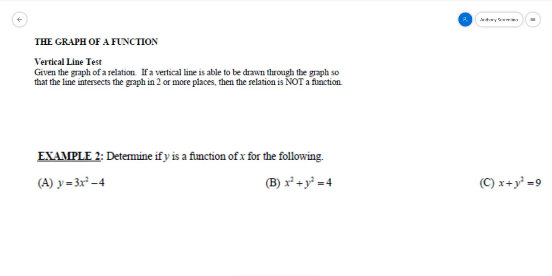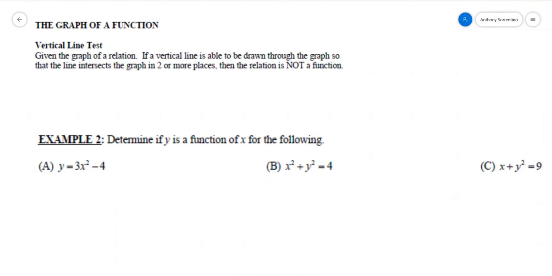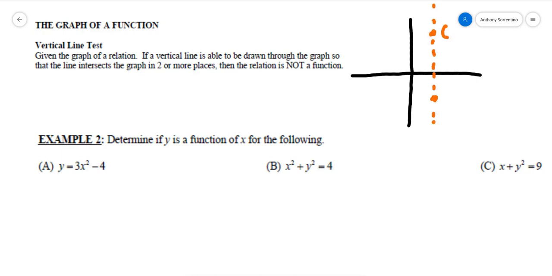Which means that it essentially is the same definition, because if I have a vertical line, if I have like 2 points that share a vertical line passing through them, that means I would have, say, x here was 3.